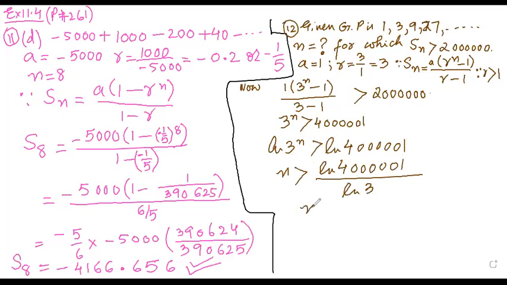Using a calculator, we will find that n is greater than 13.8. So the next integer value for n, because the requirement was that the sum should be greater than 2000, n must be greater than this value. Therefore n is equal to 14, and this is the answer.